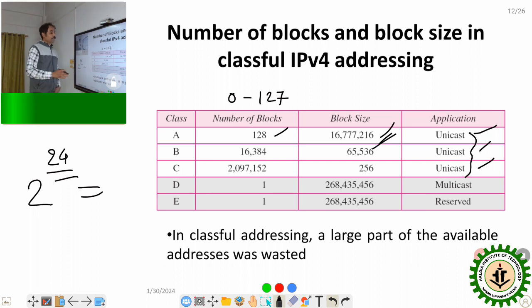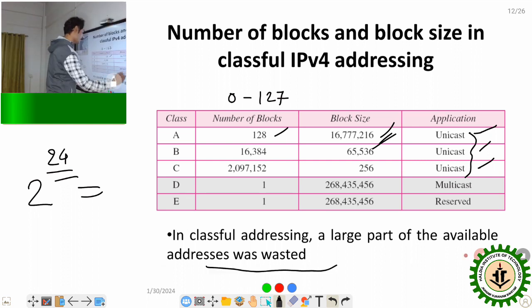As we are talking about unicast and multicast IPv4 addressing, the major demerit is that most of the IP addresses are wasted. Why? Because if we consider any organization, how many IP addresses may be required?